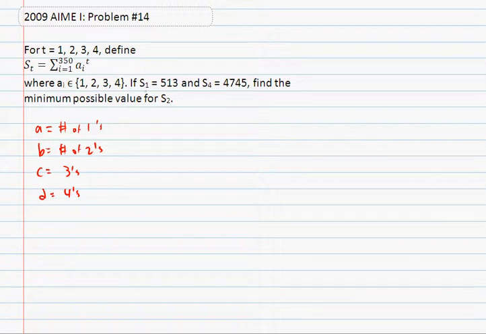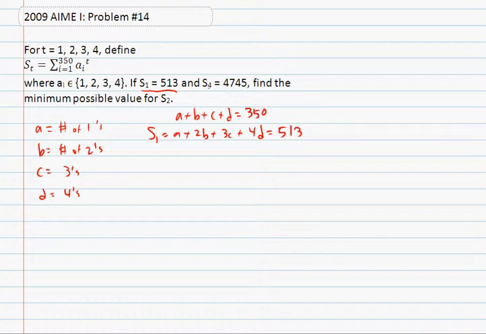We're given that S1 is equal to 513, so a plus 2b plus 3c plus 4d equals 513. We have a total of 350 terms in this sum, so a plus b plus c plus d is equal to 350.